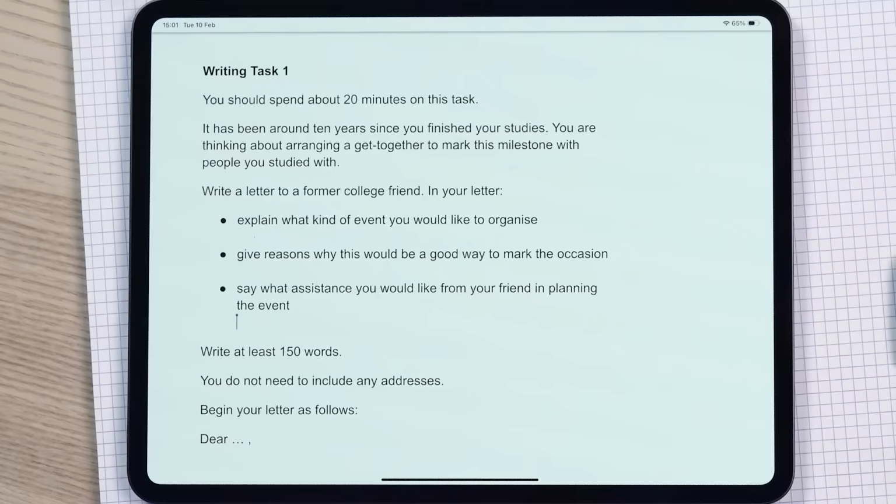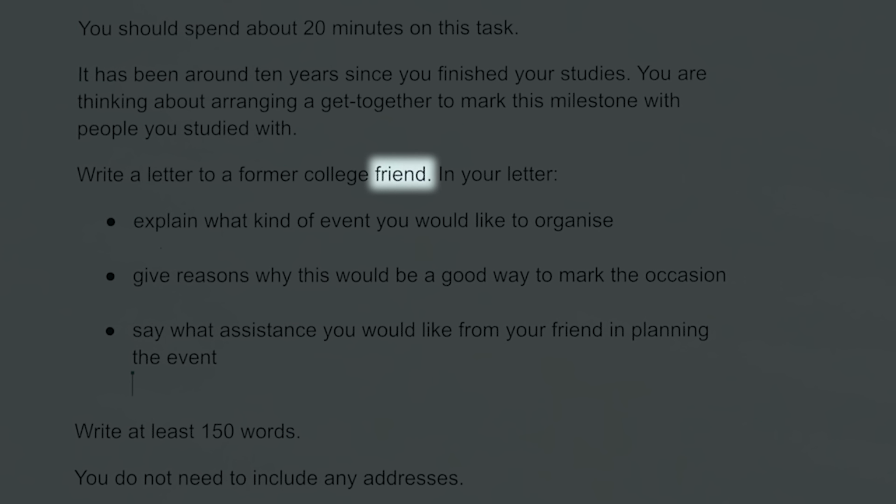The only thing that you need to think about is, who are they asking you to write to? And the key word here is friend. If it says the word friend in it, it is an informal letter. You're going to write informally. Anything else, formal. Really? Yeah. Some people get caught up in, well, what if it's someone who I kind of know, but I don't know that well?